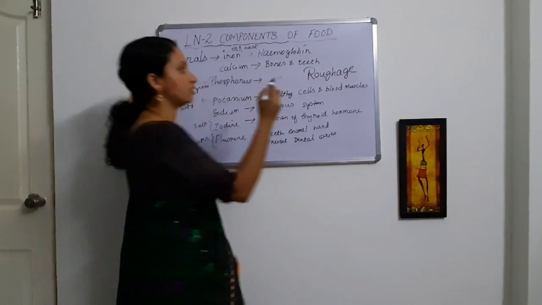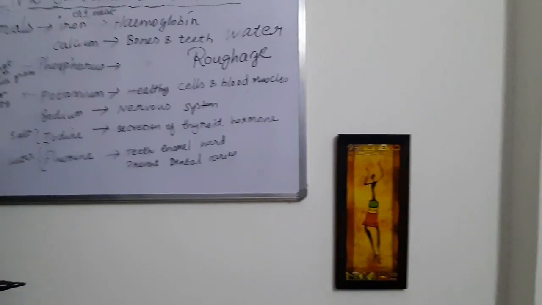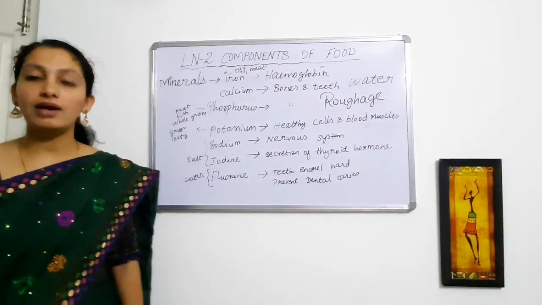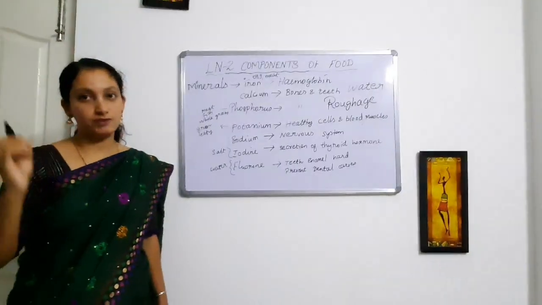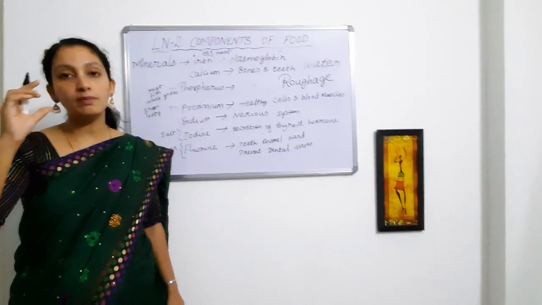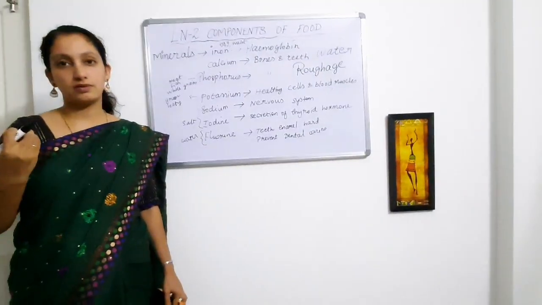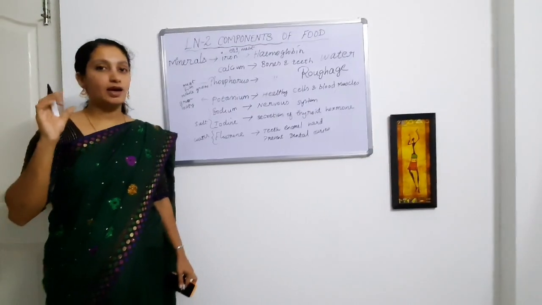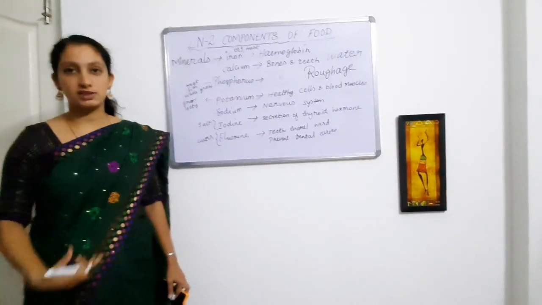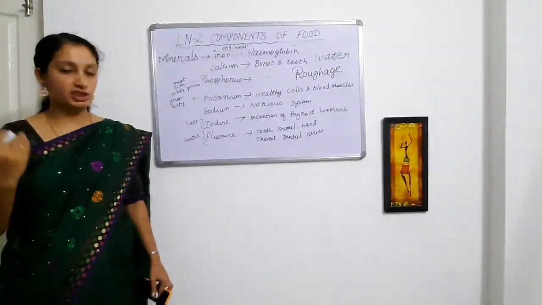The last one is water. This water also is one of the components, but it's not a nutrient. We have to drink enough water every day for the transportation of nutrients in your body, for proper sweating, for the proper amount of blood formation, for bowel movement, that is for proper digestion, and proper urination.